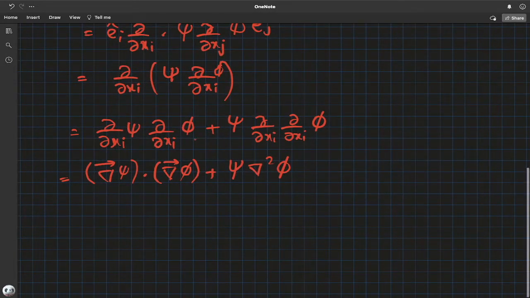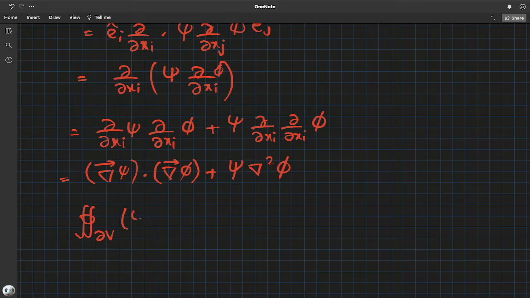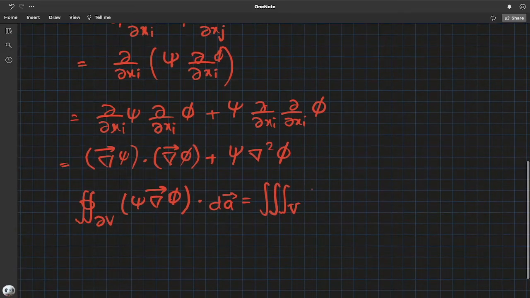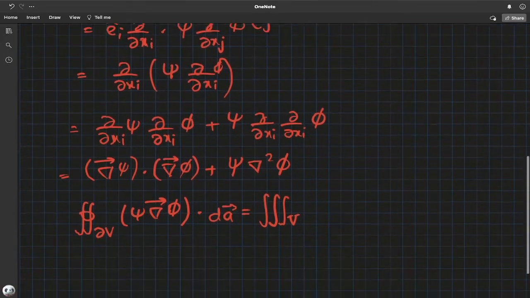And why are they useful? Why have I numbered them 1 and 2? Because, assuming you're doing a closed surface integral, the surface which is a boundary of a volume of psi gradient phi dot dA, this by Gauss's divergence theorem is the volume integral of the divergence of this guy, and the divergence of this guy is exactly number 2 here, what we calculated.